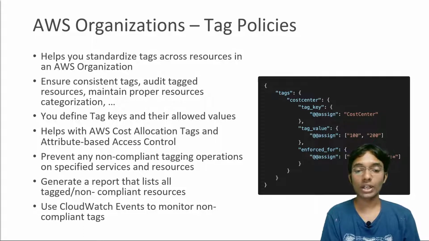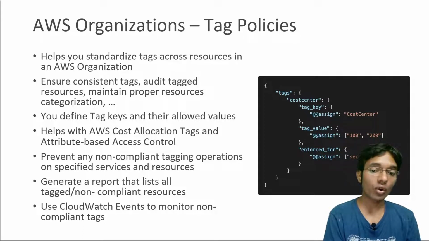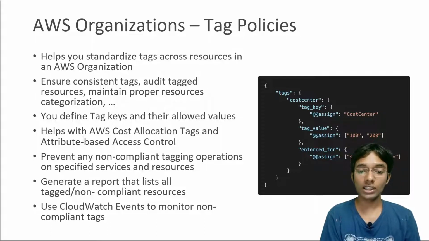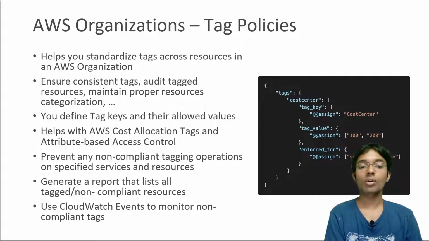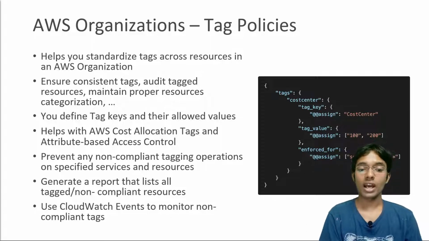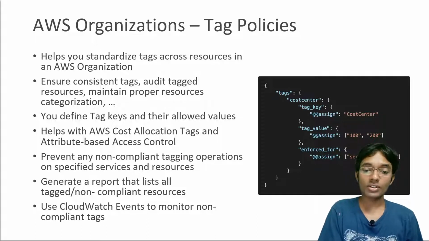You can define tag keys and their allowed values, and this helps with cost allocation tags, or if you wanted to do attribute-based access control. Any non-compliant tagging operations will be prevented on these specified services and resources, and you can also have a report that lists all the tags on non-compliant resources. And if you want to look for non-compliant tags, then use CloudWatch Events.